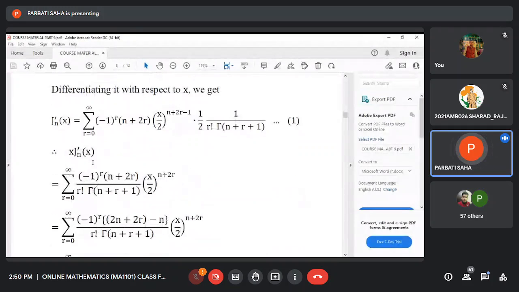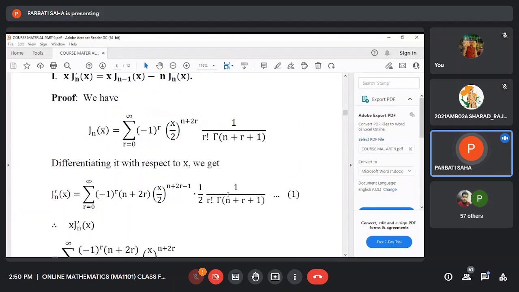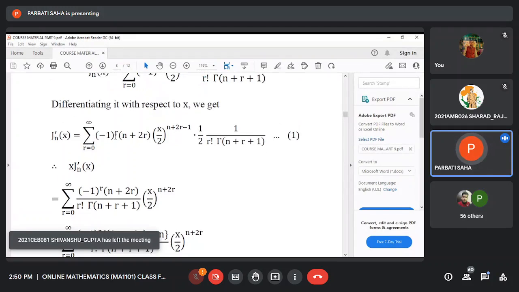x J_n'(x) means we multiply x with the derivative we obtained by differentiating J_n(x) with respect to x. So there is a half, and when it is multiplied by x, another x/2 will be formed, giving (x/2)^(n+2r-1) times another x/2. The product of these two terms gives n+2r.